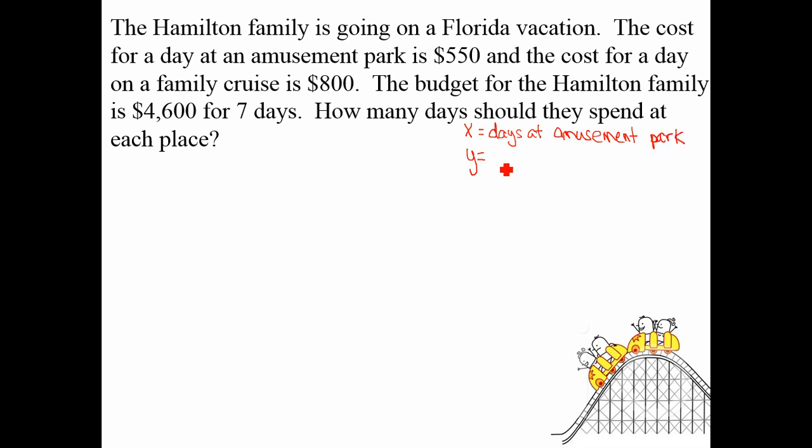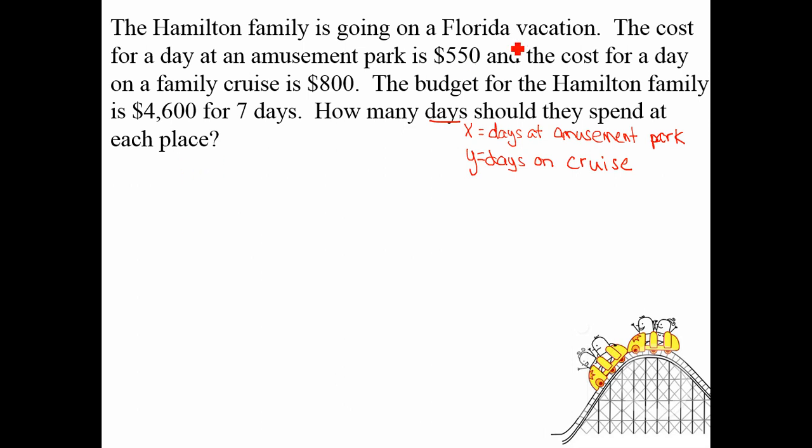And then y are the days on the cruise. So we have days at the amusement park and days on the cruise, and that's what we're trying to find, how many days on each one. So we've identified that x and y are going to be those answers.